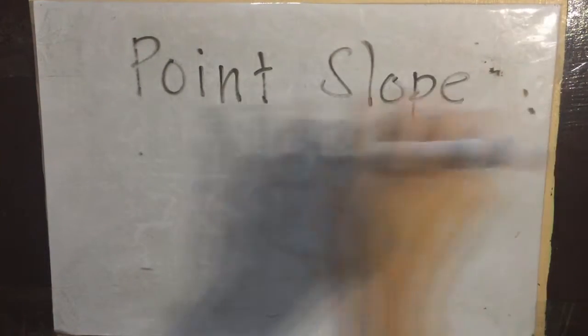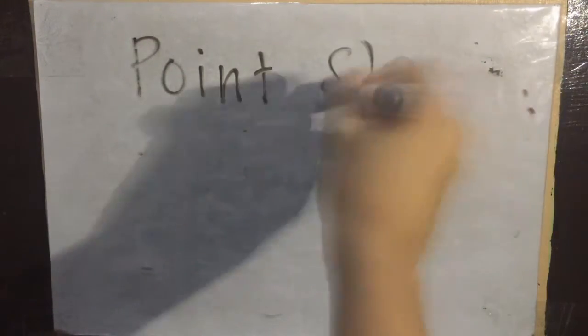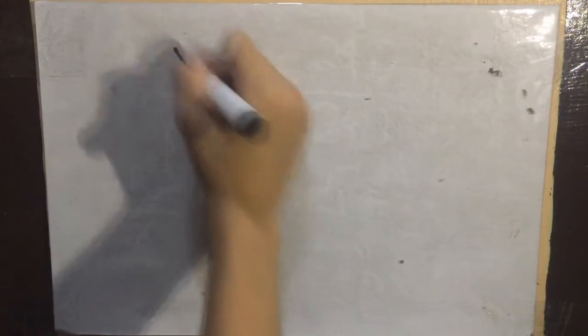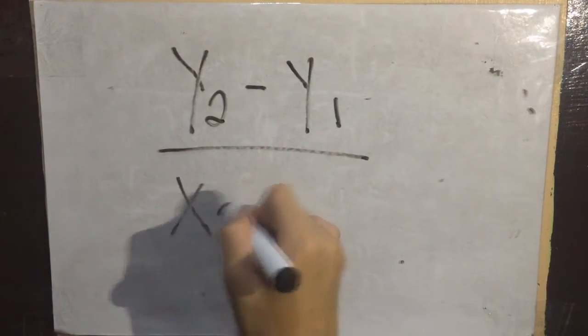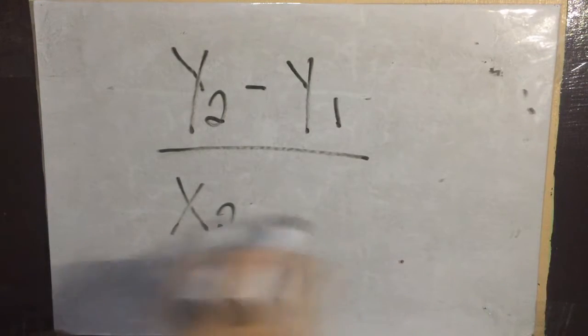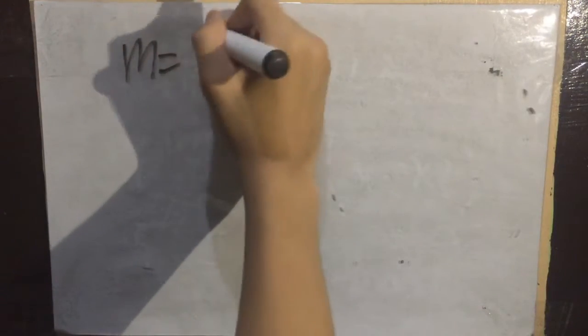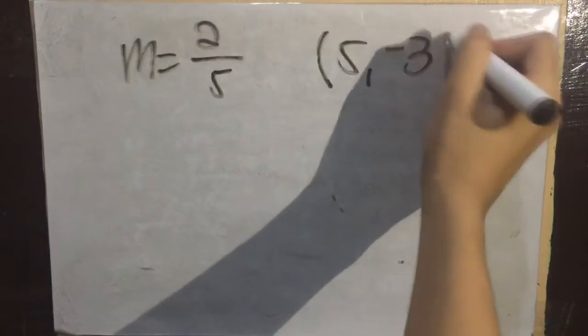Our next topic is point slope form. The formula to get the point slope form is y sub 2 minus y sub 1 over x sub 2 minus x sub 1. For example, the slope is 2 over 5 and the coordinates of the point is 5, negative 3.